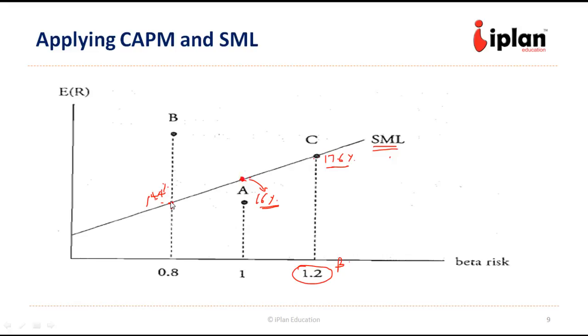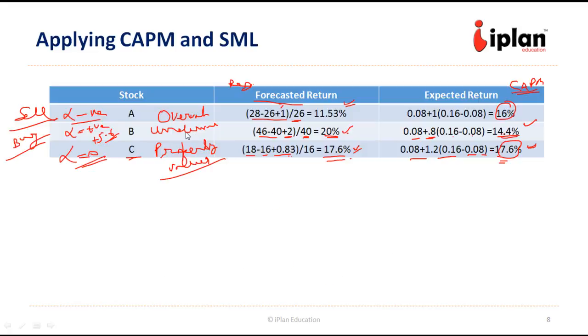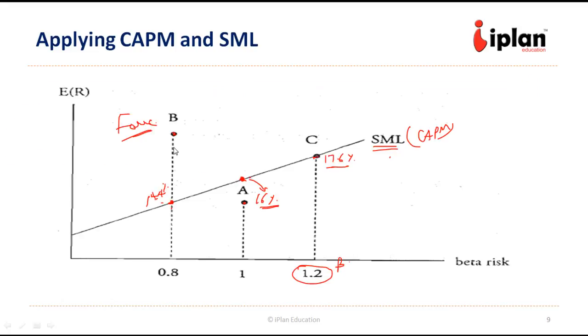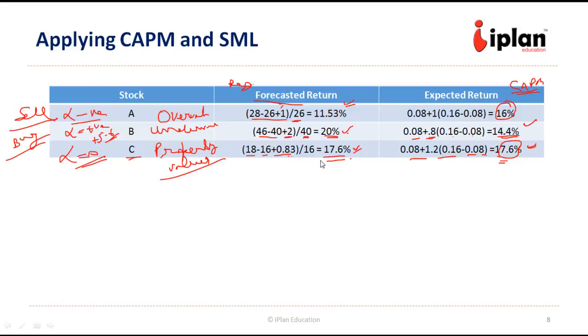These are based on CAPM, and these points represent the actual, forecasted values which these stocks are giving. So B was giving a 20% forecasted return. A was giving 16% as expected and 11.53% forecasted.